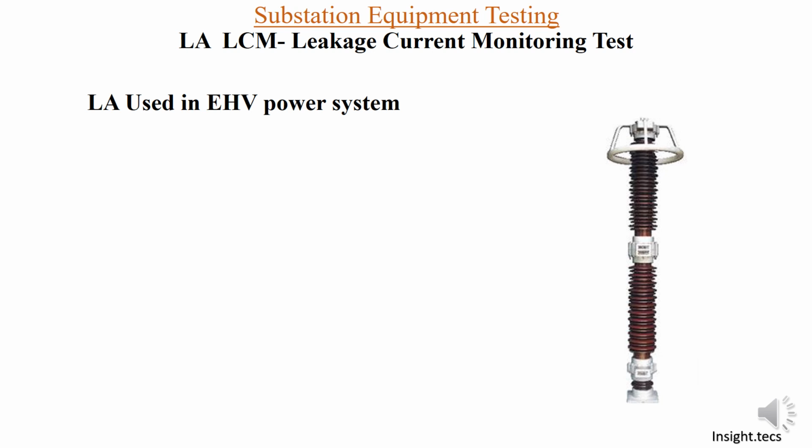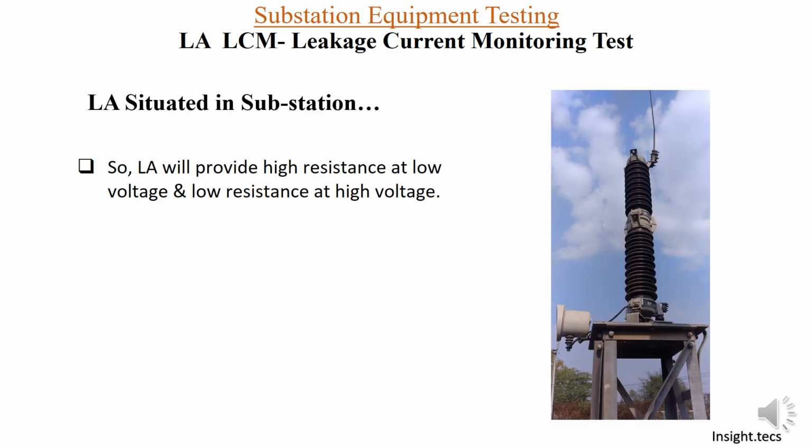So friends, this is the zinc oxide LA that we use inside the EHV power systems. This is how an LA is situated in a substation. You can see it is connected through a conductor to the system in the substation switchyard, and it is a dog conductor over here.